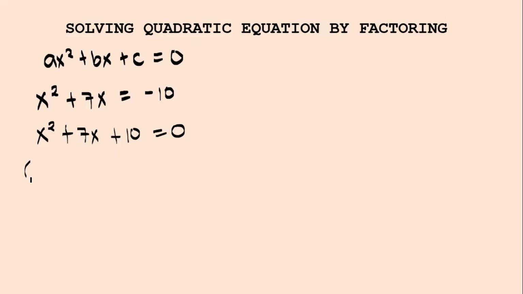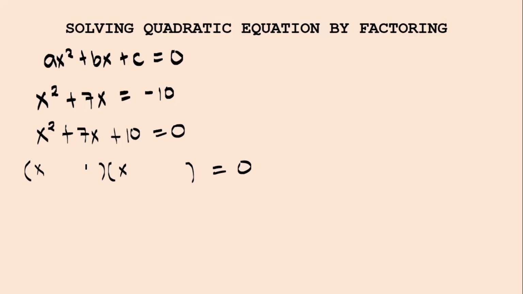Okay, so since ang leading coefficient natin is 1, so x lang to, x, okay, so equal to 0. We need to think of two numbers na kapag pinag-multiply natin, ang sagot ay positive 10 at kapag pinag-add, ang sagot ay positive 7. Okay? Ano yung factors ni 10 na kapag pinag-add, ang sagot ay positive 7?